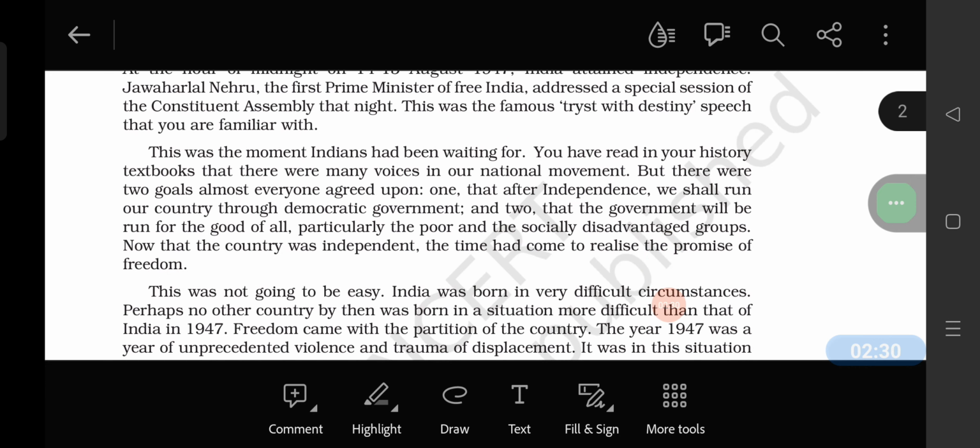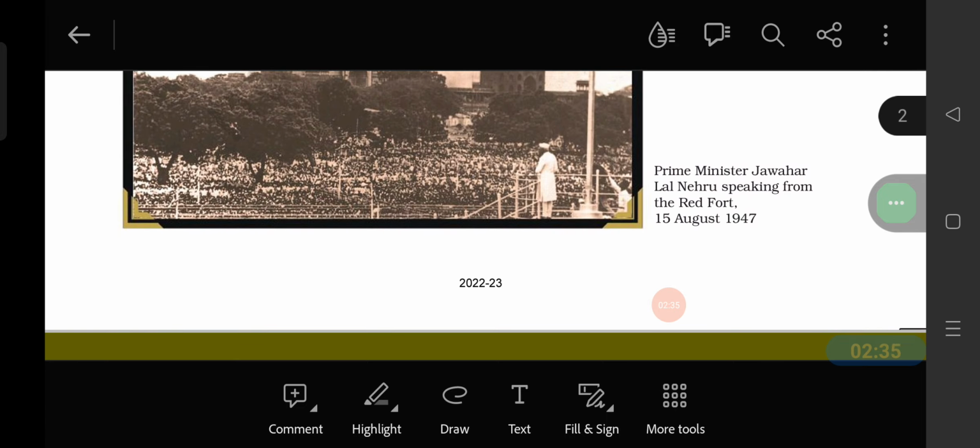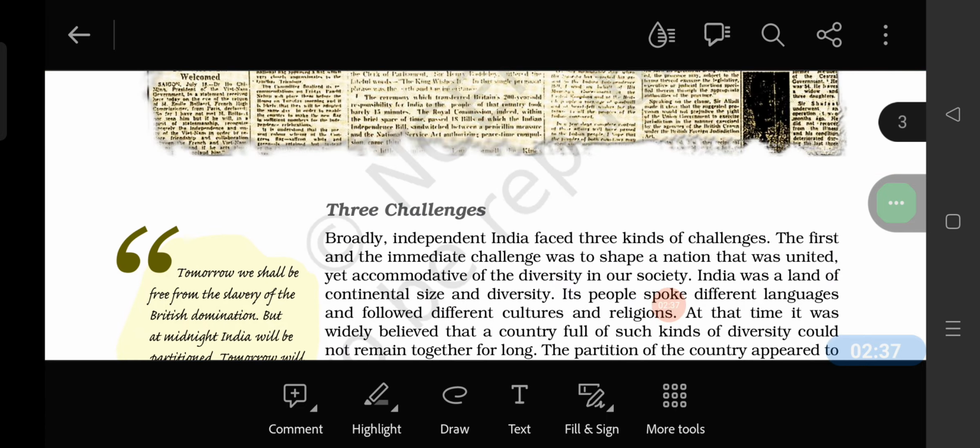The three challenges are: first is unity, second is democracy, third is the shape of the nation and development. First challenge is unity.